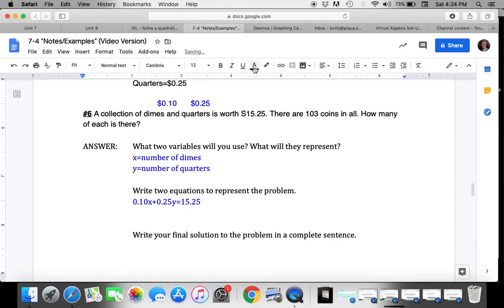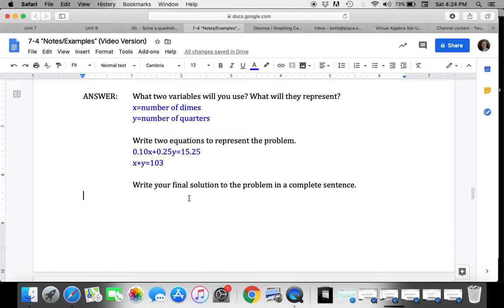In the second equation, we just need to add those two types together. There's 103 coins in all, which means that X and Y together are 103. And then we need to solve that in Desmos.